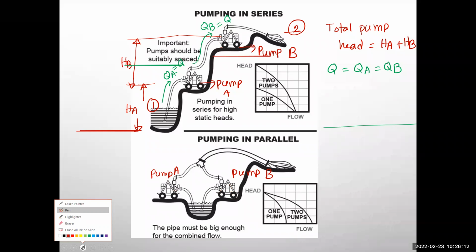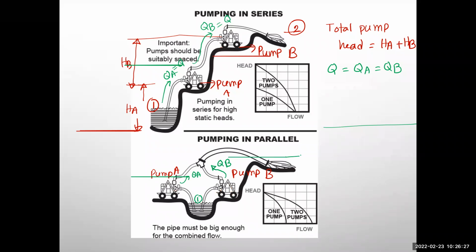From that source, these two pumps are drawing some water. So this is QA, this is QB. If that is point 1 and that is point 2, what is the elevation difference for pump A?